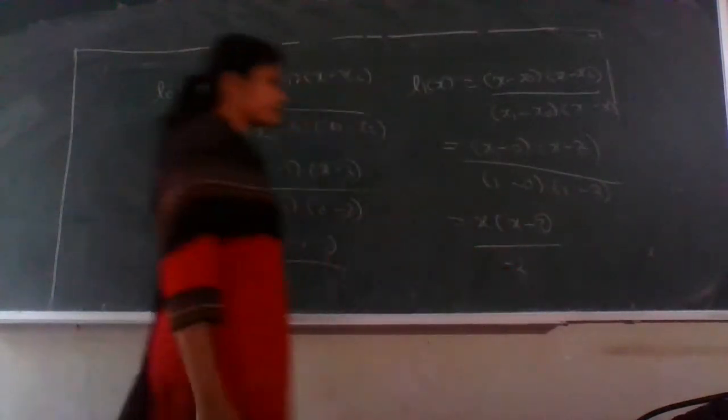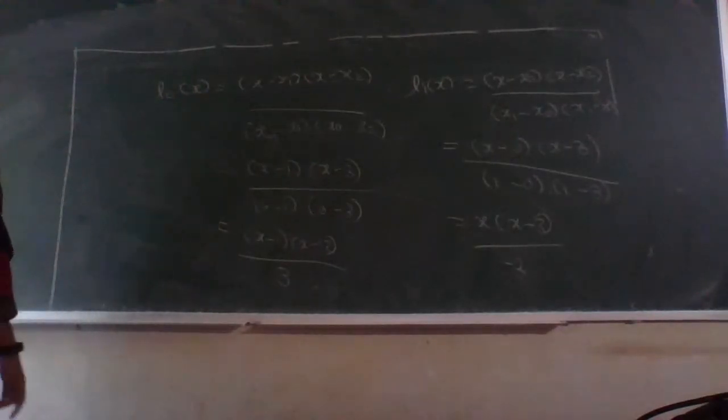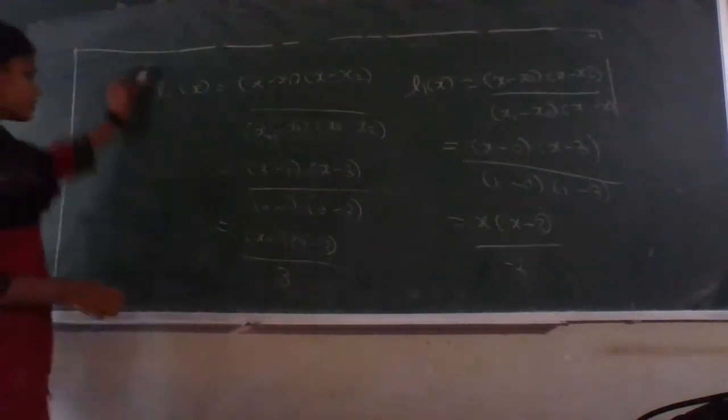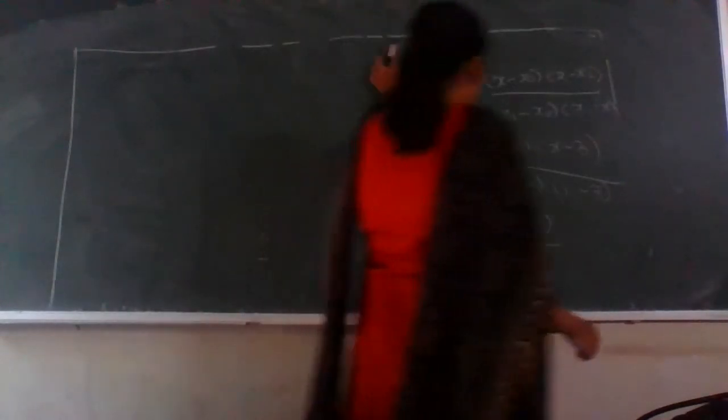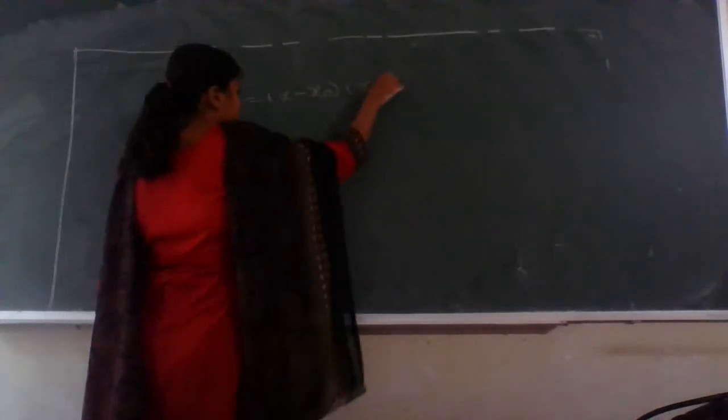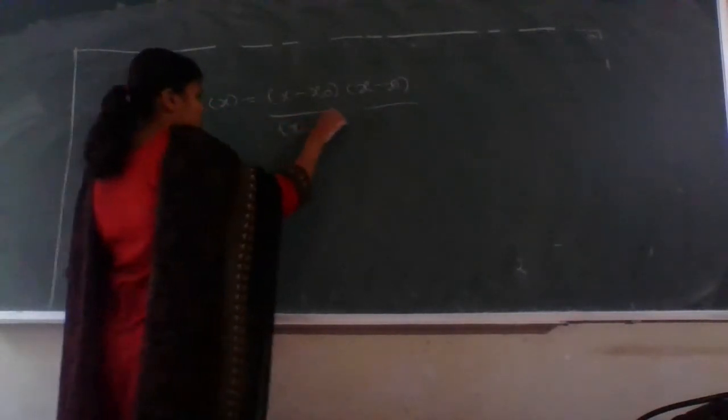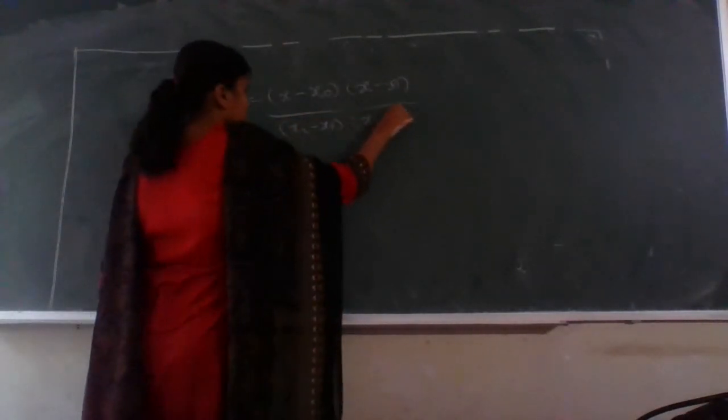So the polynomial is x into x minus 3 divided by minus 2 into 1, that is minus 2. Okay. Now let me write down the next one, L2 of x, and then we will finally write it into our P of x. L2 of x is equal to x minus x0, x minus x1 divided by x2 minus x0, x2 minus x1.